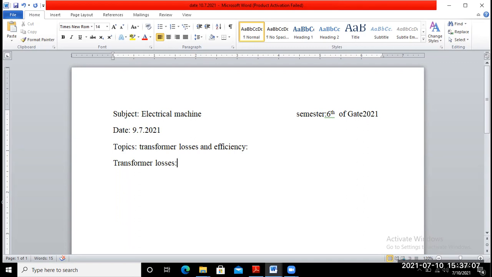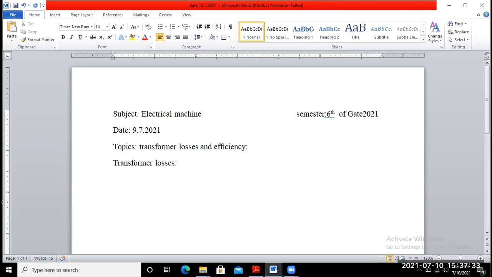You may assume a constant value of the stray load losses and dielectric losses if given to you in a numerical problem. Then you will consider it, otherwise you will neglect it. The dielectric losses and stray load losses may be given as 1% and 2% of the power rating of the transformer. So whatever is given in the problem, you will consider.